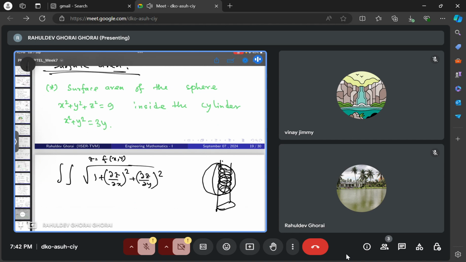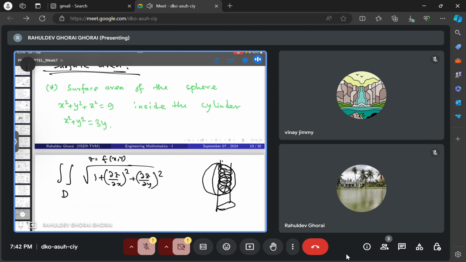So using that, the domain D will be the region given by the sphere inside the cylinder. Mainly you have to find the value of this integral.